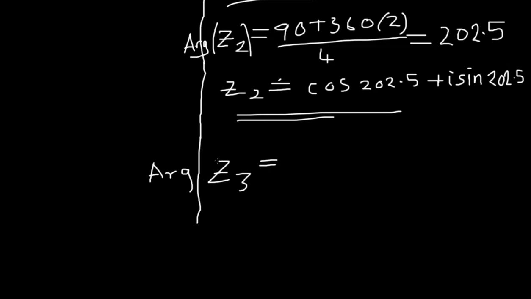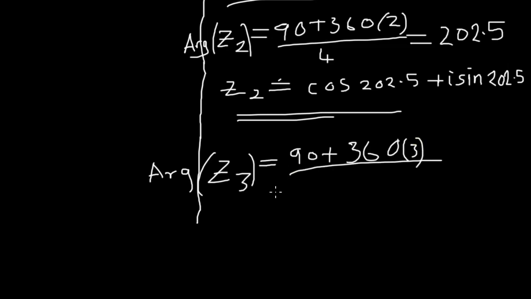The argument for Z3 is going to be 90 plus 360 times, my k is 3, then everything over 4, which gives me the answer 292.5. So 292.5 will be my argument for Z3.